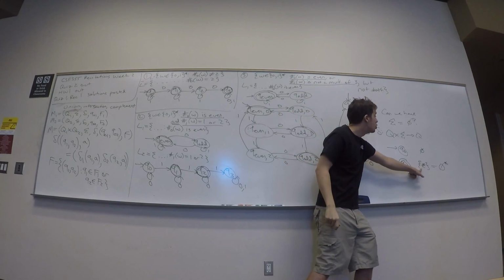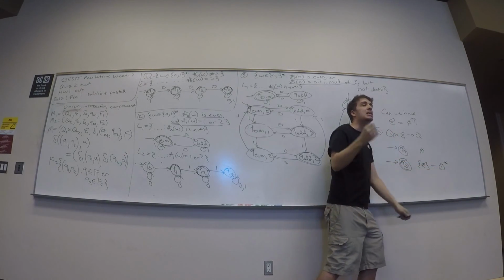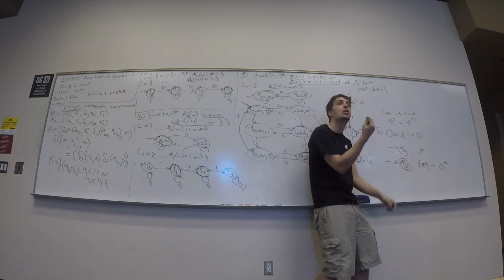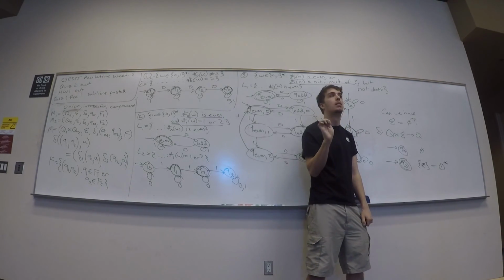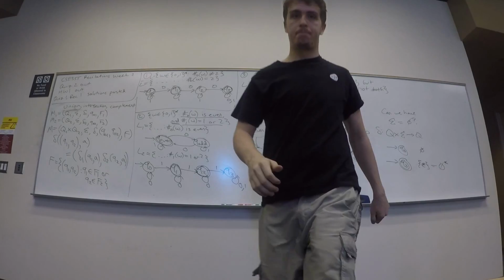No, because I just showed you that if I set sigma to be the empty set, sigma star is just the set containing the empty string. It only has one string in it. So that's the only case where it's not infinite. Okay? Any other questions? All right, I'll see you next week.